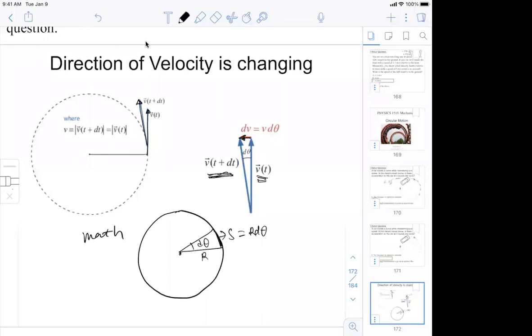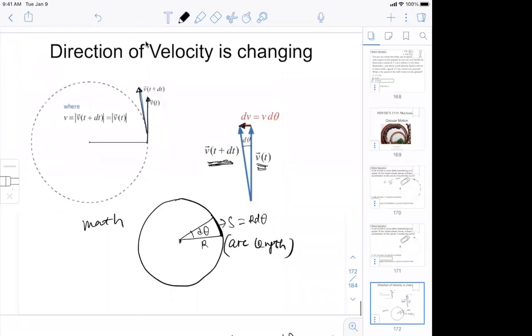Looking at a circle, I would argue this arc length is r d theta. And why? How do I know that? Because if you go all the way around for 2 pi, the circumference is 2 pi r. So if I only go for a very small angle, what is the arc length relative to the angle? So S is r d theta.